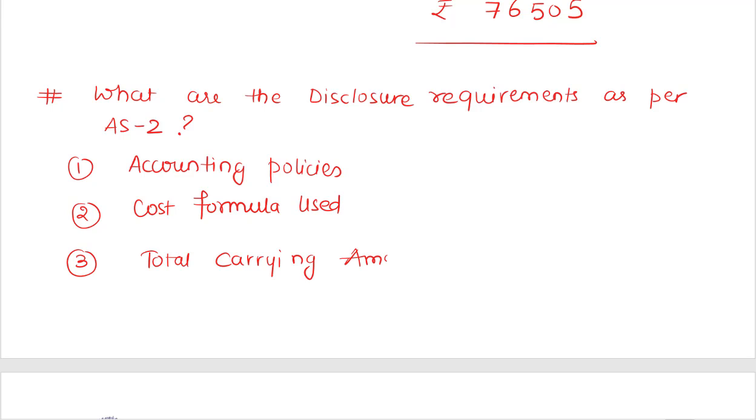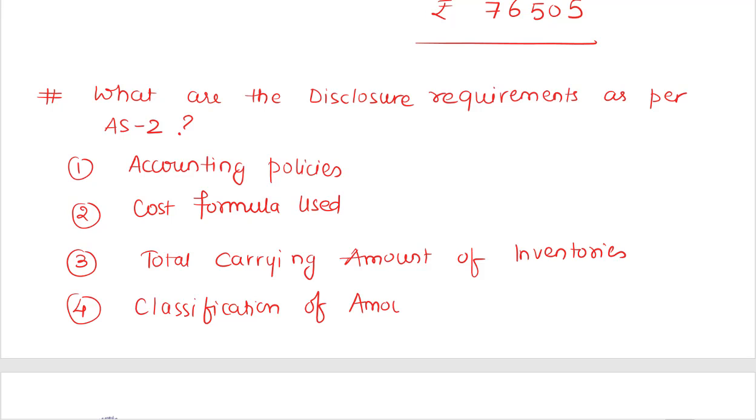And the fourth is classification of amount of inventories. These things should be disclosed as per Accounting Standard 2. Kindly note in your notebook quickly.